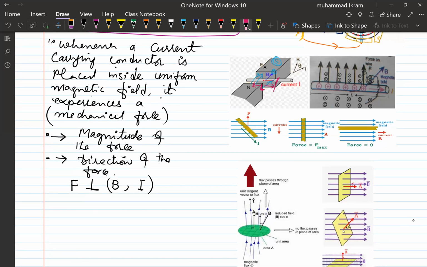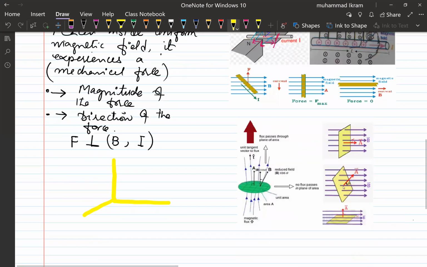This can be found by using the Fleming left hand rule or the right hand palm rule. So if you stretch the fingers of your left hand in such a way, just like this, see here, let me do it.